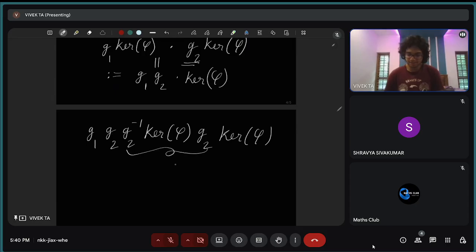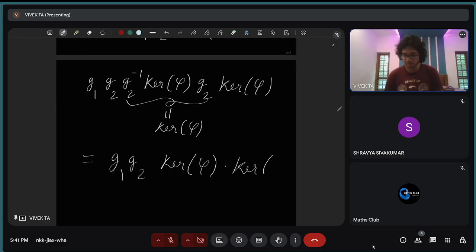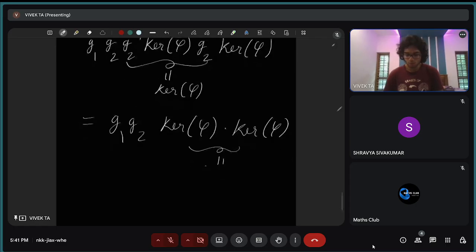You see that this thing is essentially equal to kernel phi. We had proved this via normality. This gives you g1 g2 kernel phi, and then kernel phi. This is essentially equal to operating elements of kernel phi with itself, which is going to give you the same set.